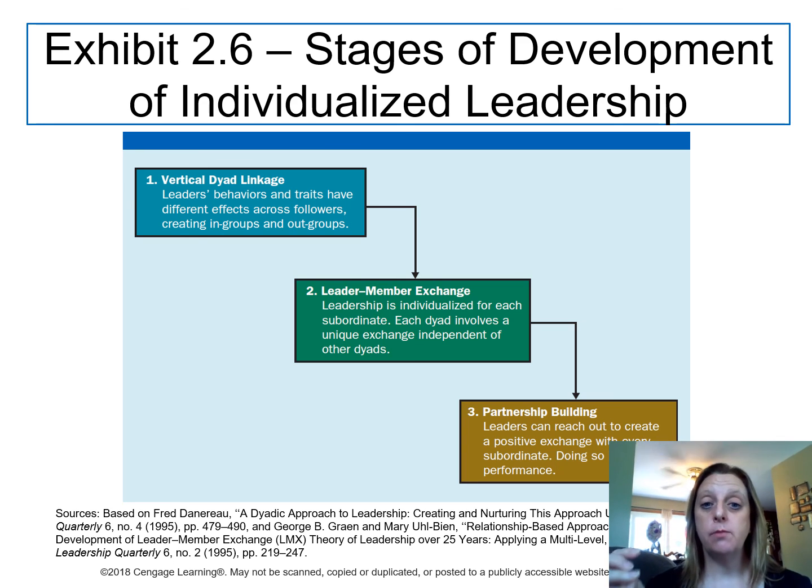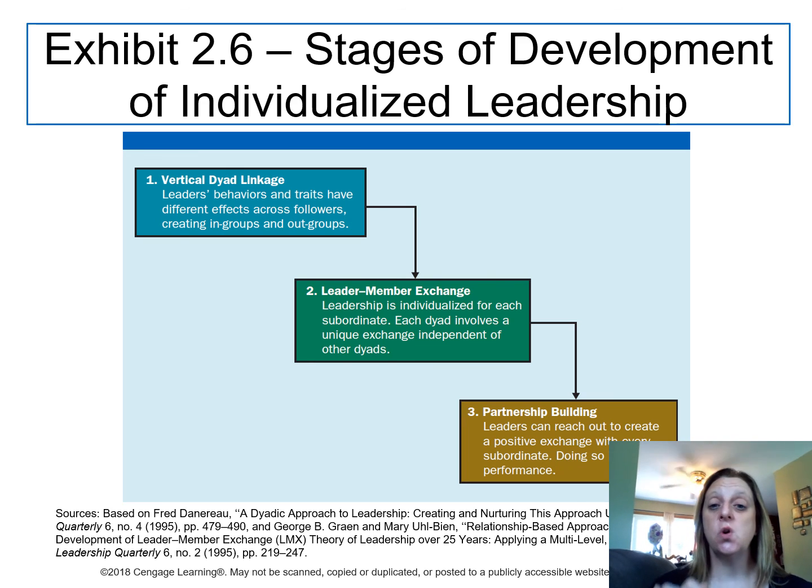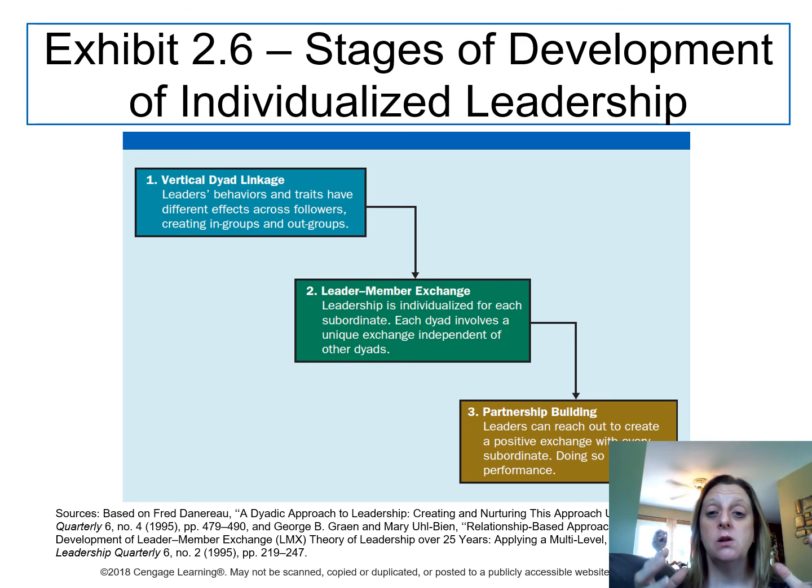A large number of personal traits and abilities have been associated with successful leaders, but traits themselves are not sufficient to guarantee effective leadership. And we also know that leadership behavior is also important to effective leadership, and behaviors can be learned, right?